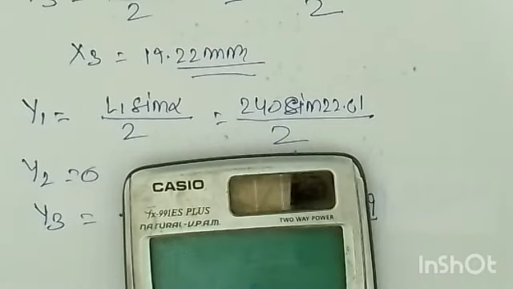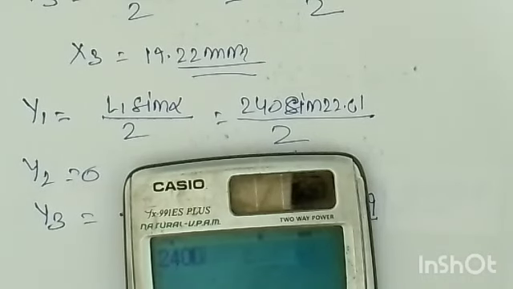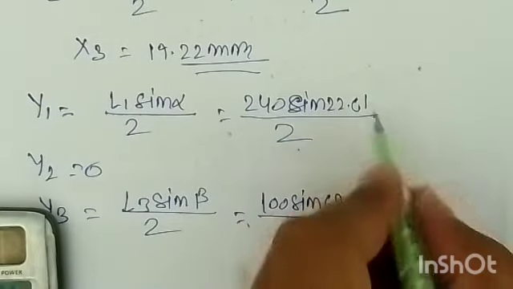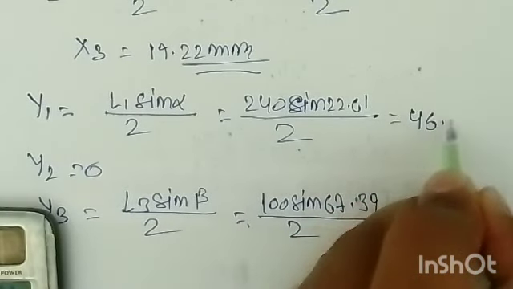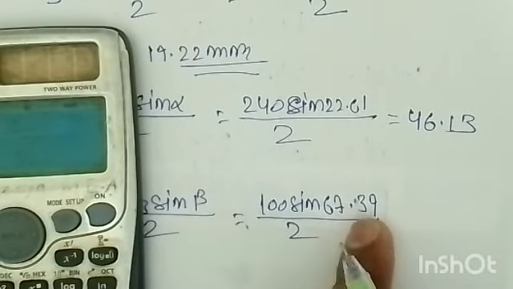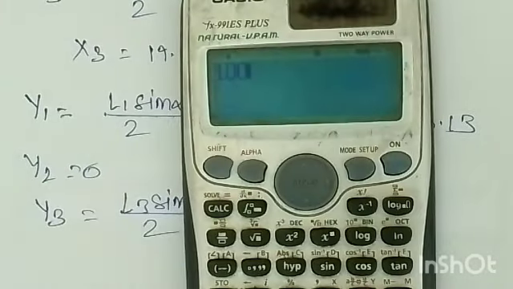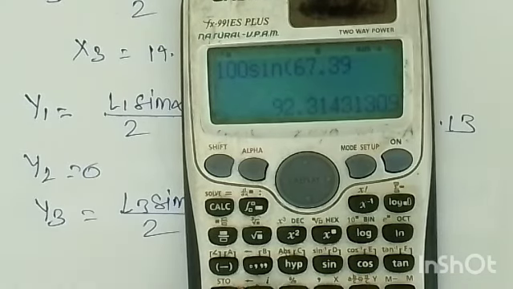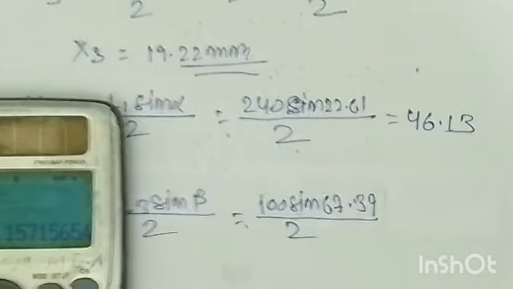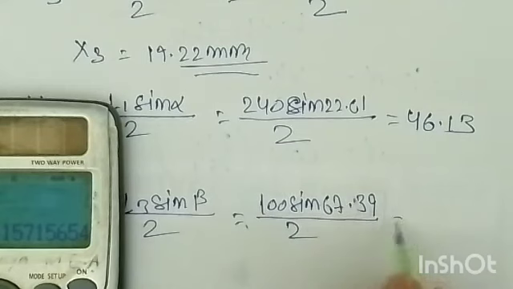First we substitute 240 sine 22.61, answer divided by 2, which is 46.13 mm. And this is 100 sine 67.39, which is 92, divided by 2. This is also the same, 46.13.